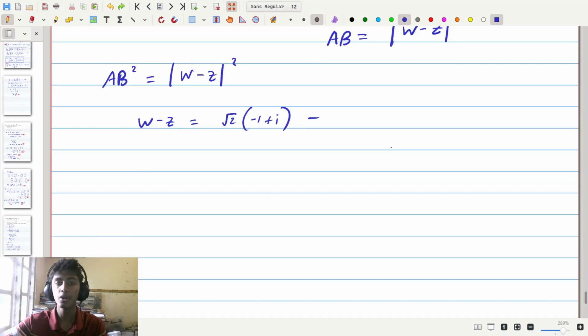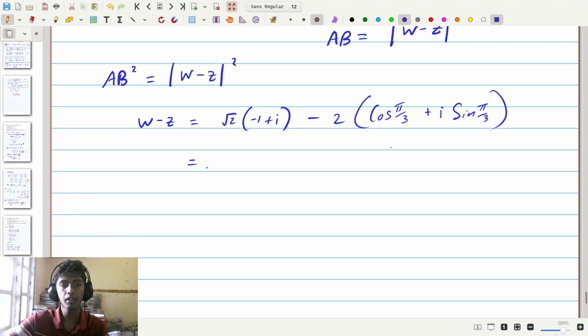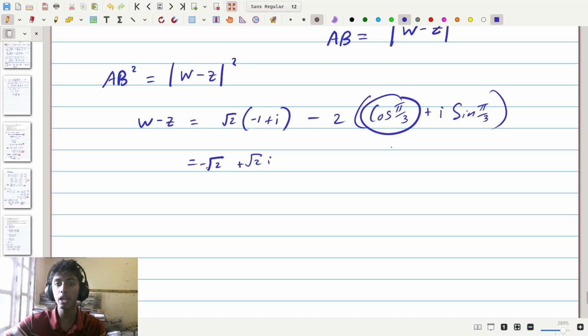So therefore, we have 2 times cosine of pi by 3 plus i sine of pi by 3, which is going to be equal to negative square root of 2 plus square root of 2 i, and then minus 2 times cosine of pi by 3, which is going to be equal to half.